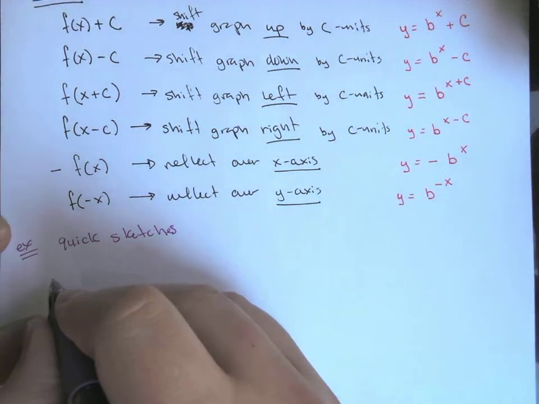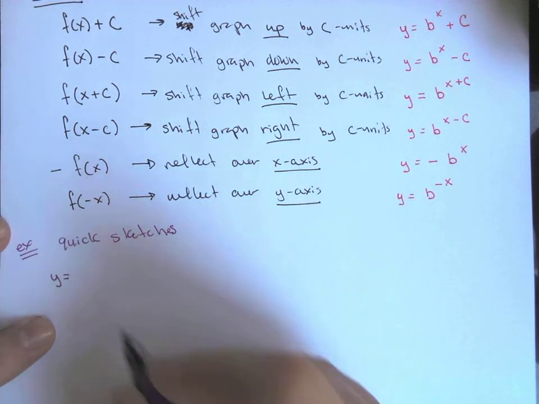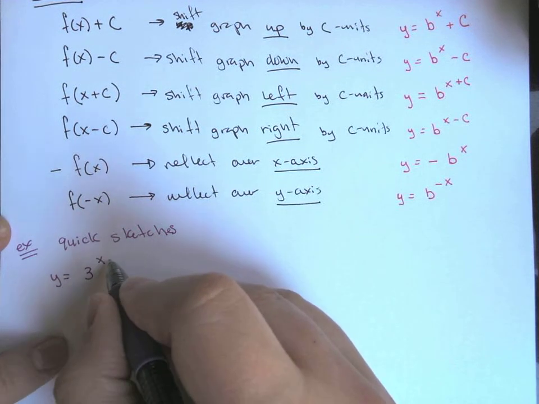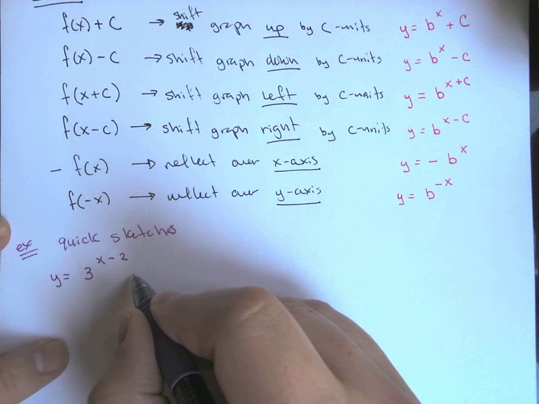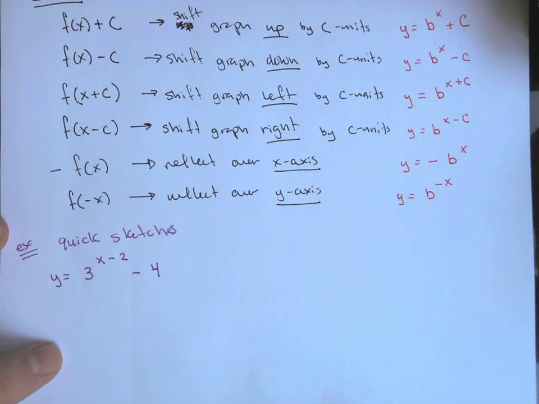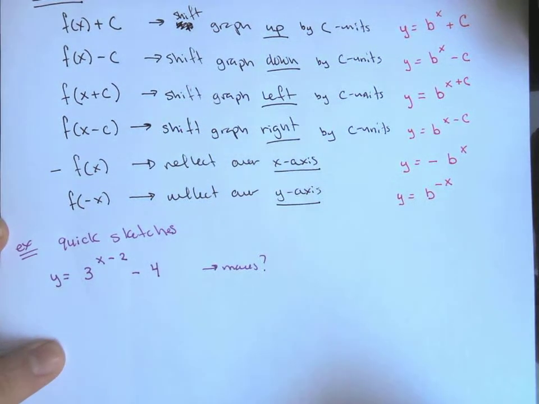So let's say we've got y equals 3 to the x minus 2, and then let's subtract 4. So what kind of moves is that going to mean?